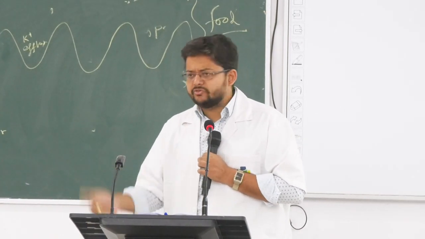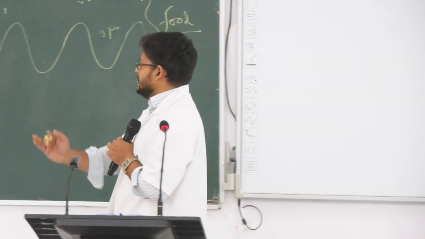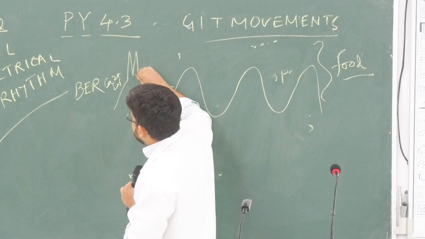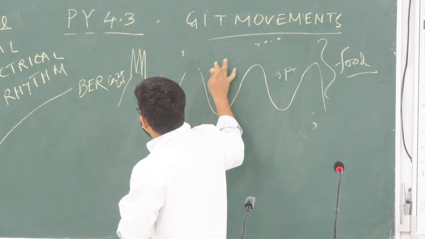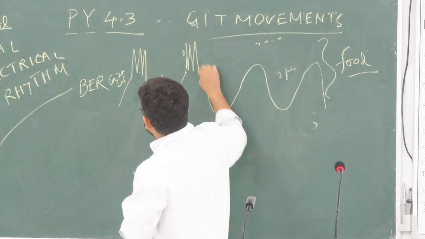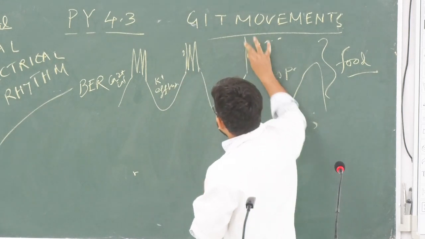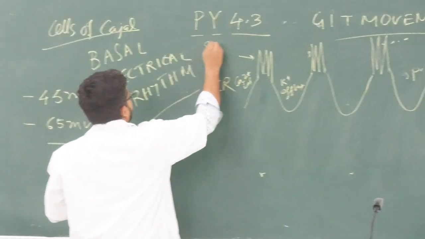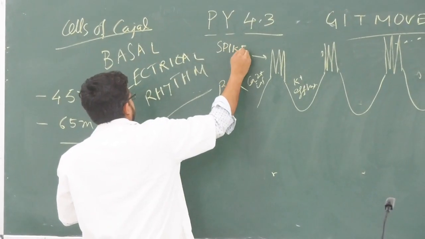Does it lead to contraction? No, but there is occasional fluctuation and occasional burst of activity over and above this basal electrical rhythm, and this leads to further stronger depolarization, and we call it spike potential. This picture is very important.